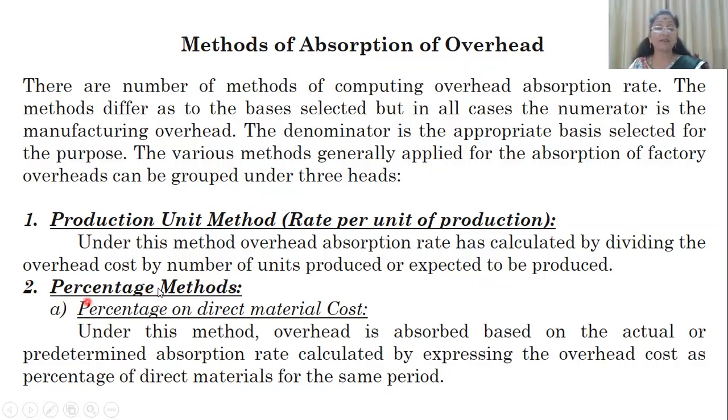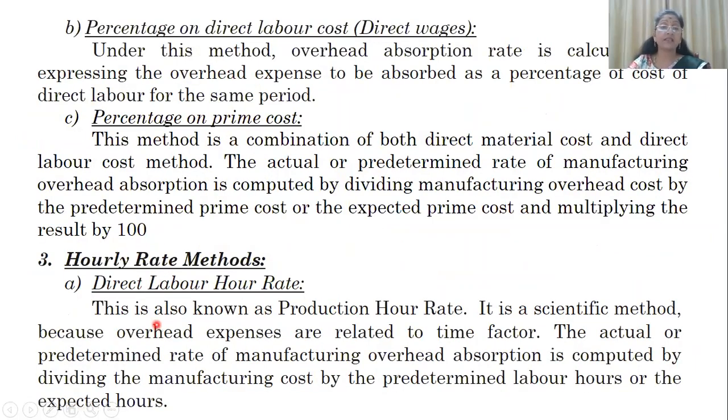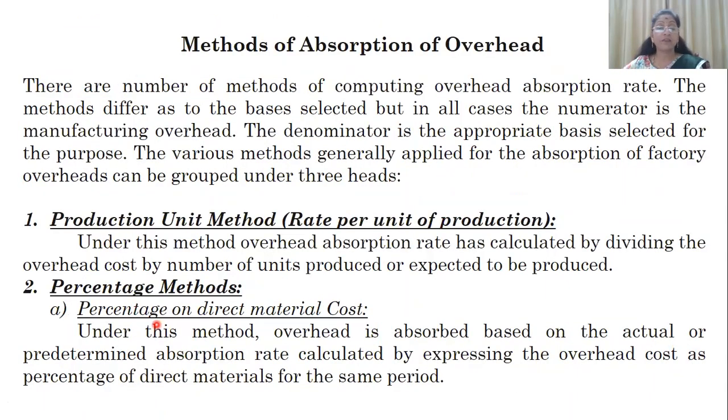Next is the percentage method. In the percentage method, there are three types. One is percentage on direct material cost, next is percentage on direct labor cost, and the third is percentage on prime cost. Let us see the first one, percentage on direct material cost. Under this method, overhead is absorbed based on the actual or predetermined absorption rate, calculated by expressing the overhead cost as a percentage of direct materials for the same period.